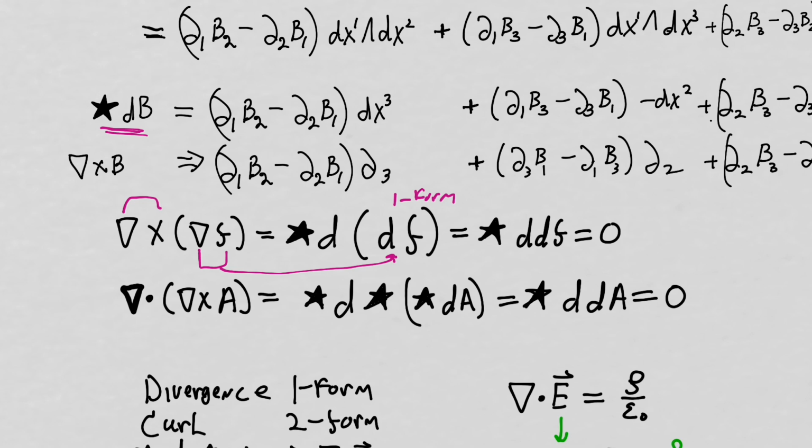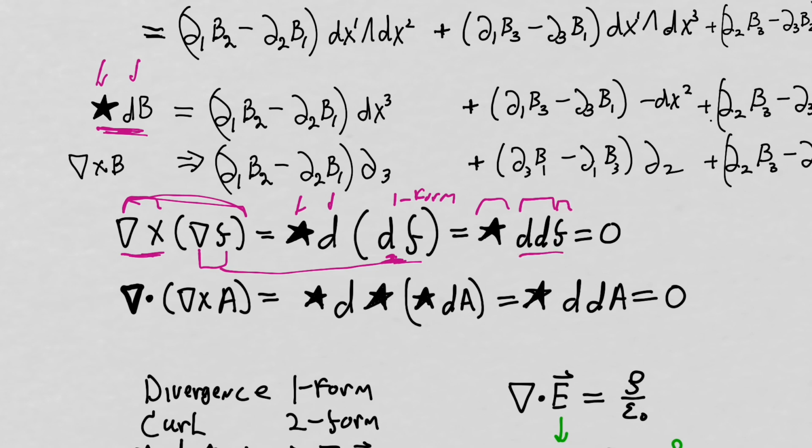But now we want the curl of a one form, right? That's what this whole expression is. And we just learned that the curl of a one form is the Hodge dual of the exterior derivative of a one form. So we're now going to take the Hodge dual of the exterior derivative of this one form, which is the equivalent of the Hodge dual of the double exterior derivative of a function.